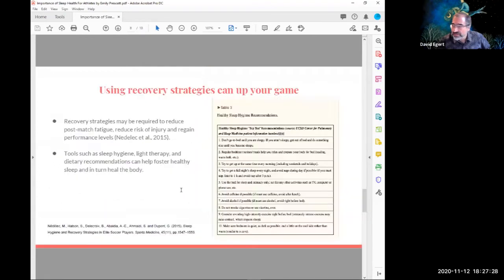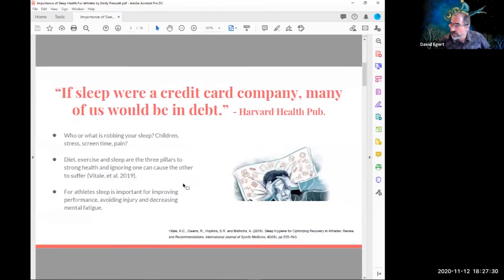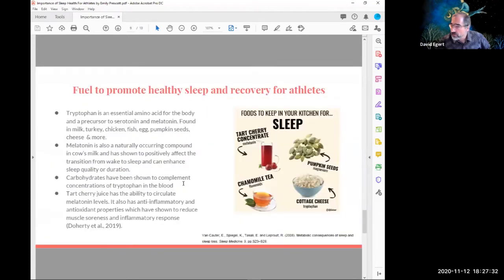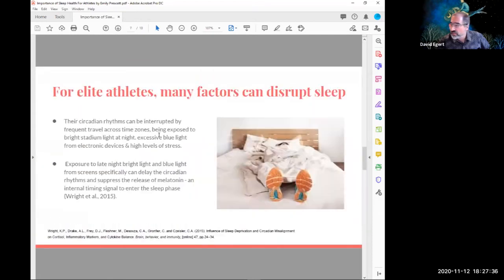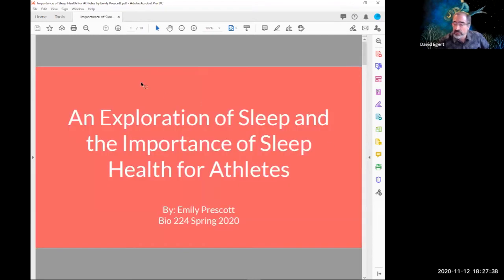So, it's kind of like this. This one is a little prettier, so depending on how much time and your skills and your aesthetic sense, you can make it prettier, or it can be more utilitarian. You're not going to get graded on aesthetics. You're just going to be graded on content.